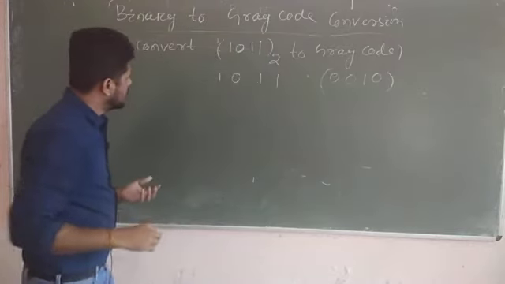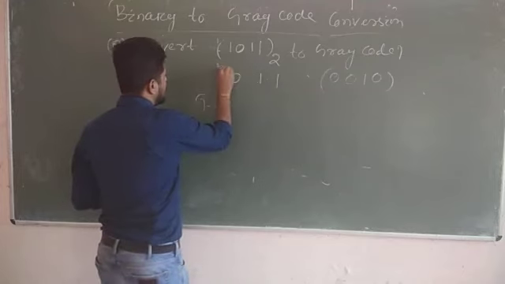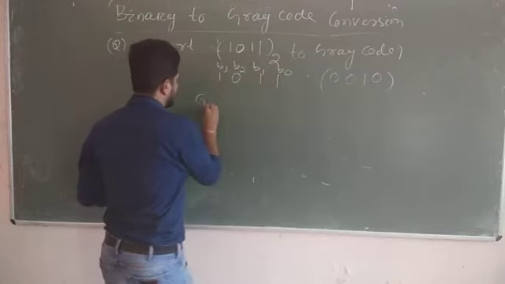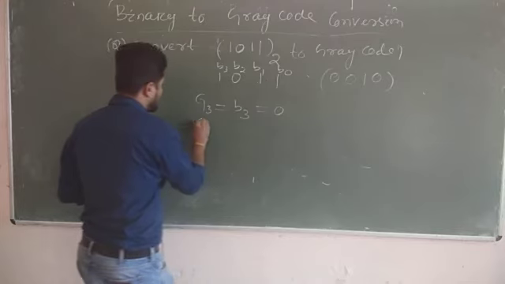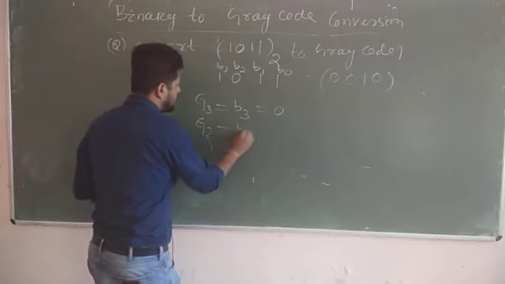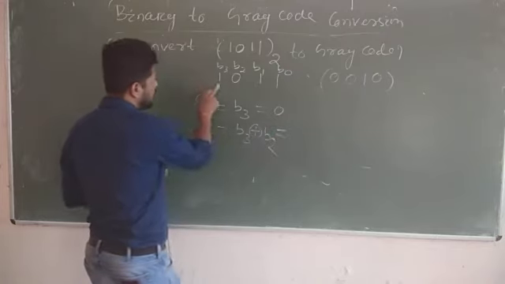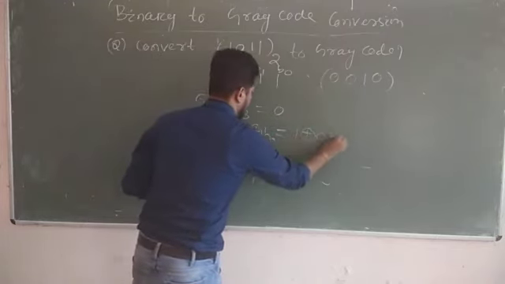This is your B3, this is B2, this is B1 and this is B0. G3 is equal to B3, which is 1. G2 is equal to B3 XOR B2. Here B3 is 1, B2 is 0, so 1 XOR 0 is 1.